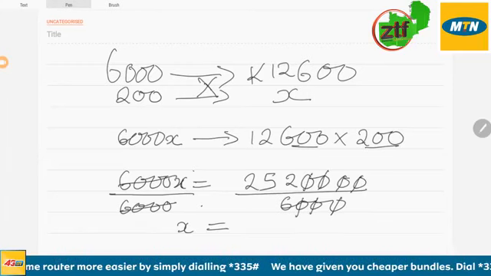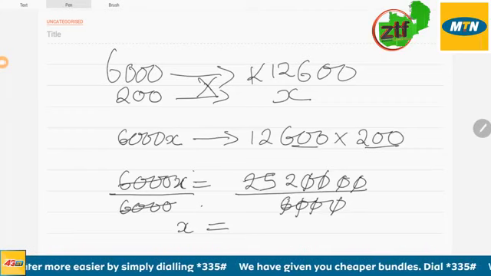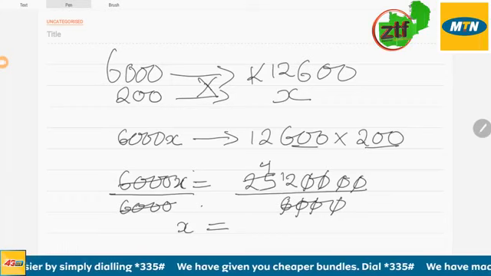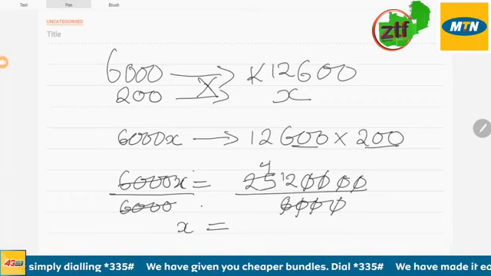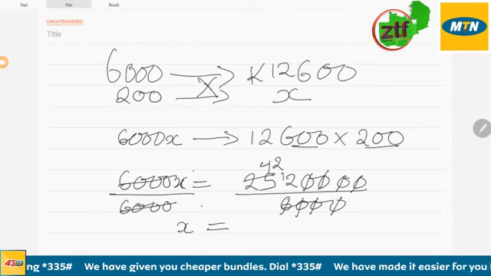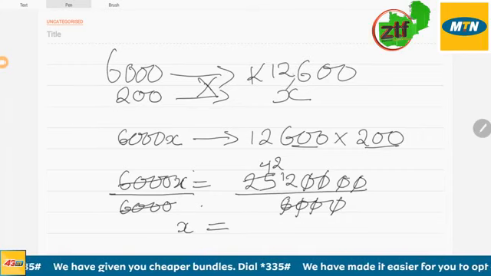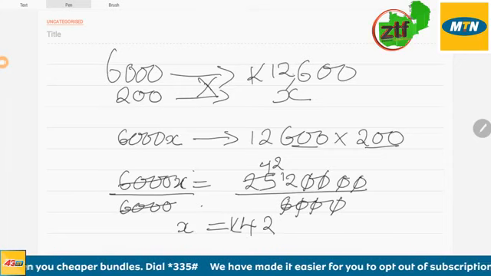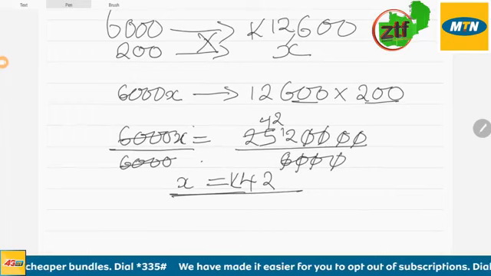So when we say 6 into 25, we are going to say this is 4, remainder 1, and 6 into 12, we have 2, and plus, this is 12,600, okay, then we are going to have our x, which is going to be 42 kwacha. So meaning, Magula, 420 kwacha.